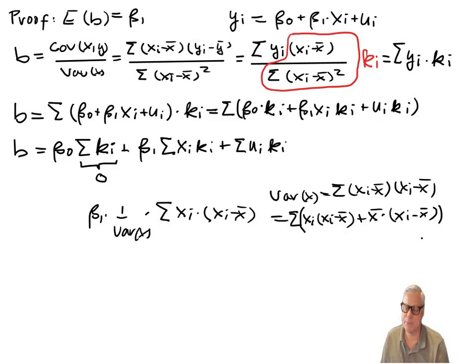Now I can put the sum sign again individually in front of each. So that is the sum of xi times xi minus x bar plus x bar times the sum of xi minus x bar. And as you know, this is again 0. So we can just write the variance of x as the sum of xi times xi minus x bar.